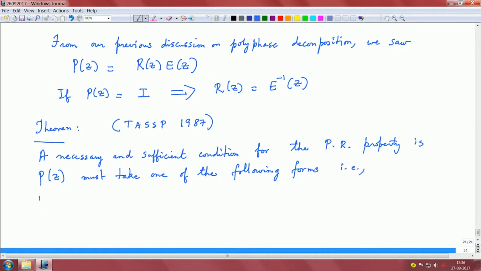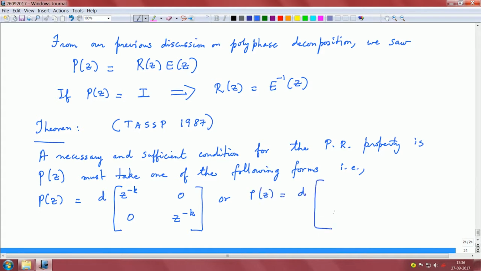That is, P of z is some scalar d times, there is a delay here, 0 0 and a delay, or P of z equals 0 z power minus k, z power minus k minus 1 and 0.